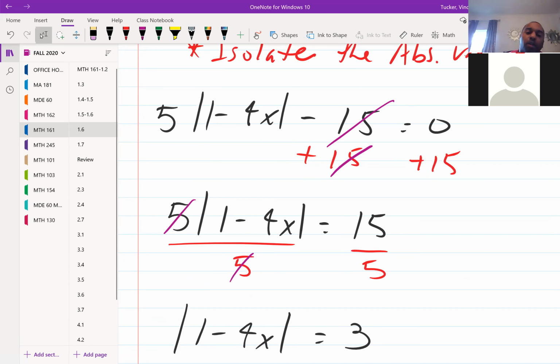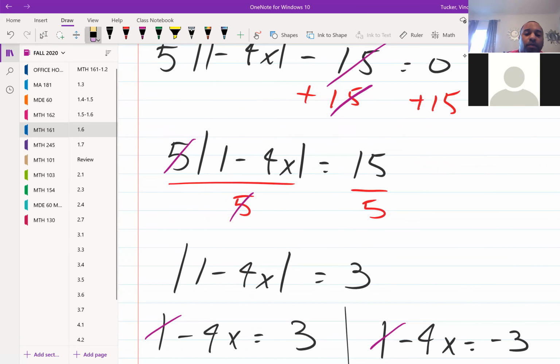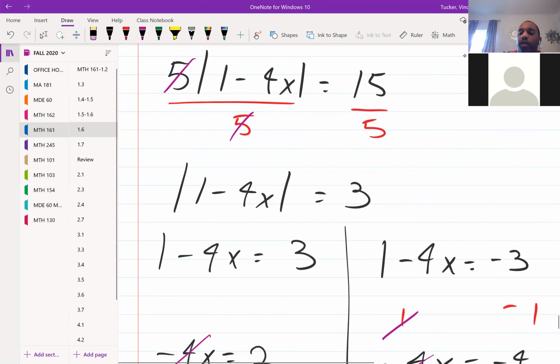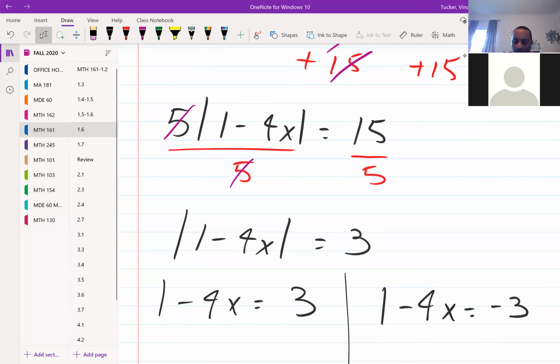All right. So now that we have the absolute value of 1 minus 4x equal to 3, let me erase this stuff. We have 1 minus 4x equal to 3 and 1 minus 4x equal to negative 3. Set it equal to itself, then to its opposite.